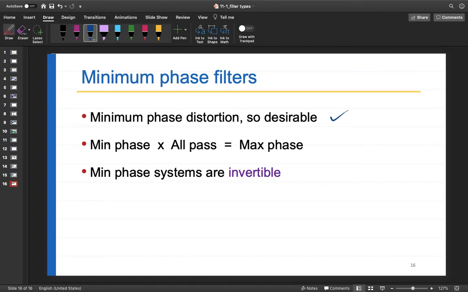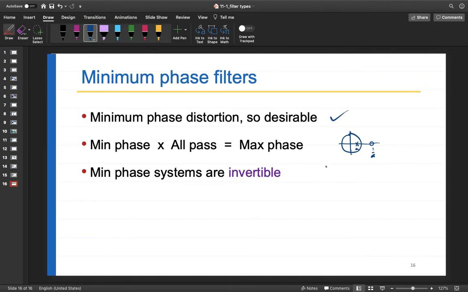And what is the difference between min phase and max phase in terms of implementation or transfer function? Basically max phase is just a min phase multiplied by an all pass filter. You know what is an all pass filter? If you have a pole at a, you will get a zero at 1 upon a. So basically this is used to cancel out poles and zeros.